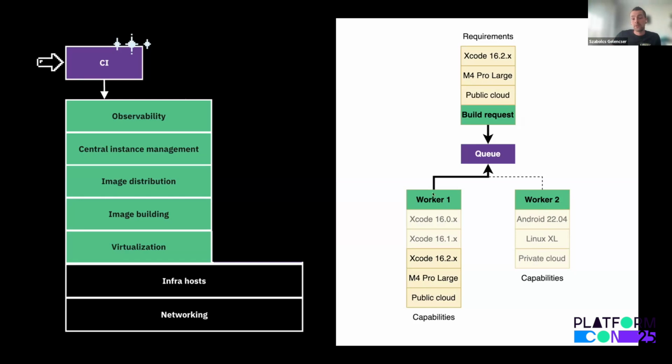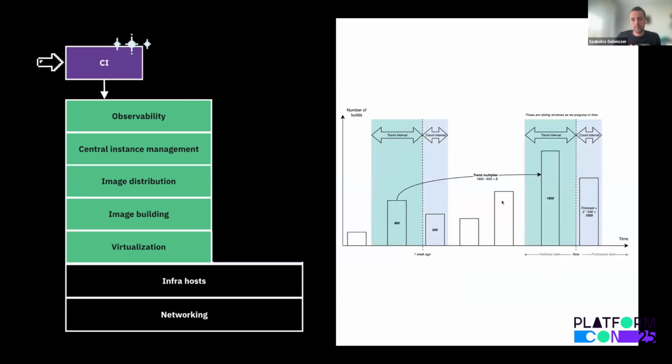And worker 1 has these capabilities plus a little bit more, which is fine because it's capable of more than what we require. So we can accept this build request and execute it. It would also be able to execute different minor versions of Xcode builds because all of them are installed on the same VM image, but we don't need all of these capabilities to execute this build request. So we give it to worker one, and it will run your build.